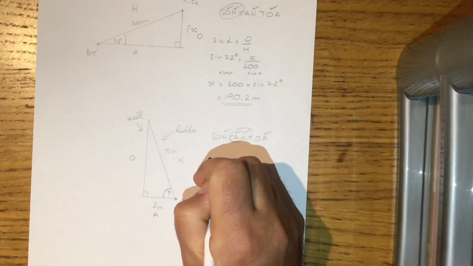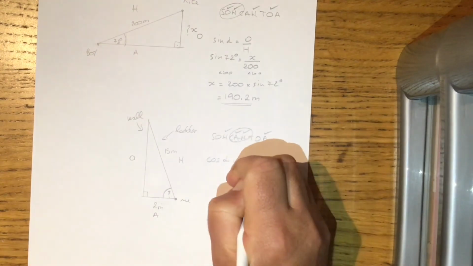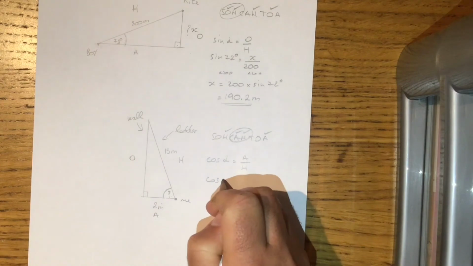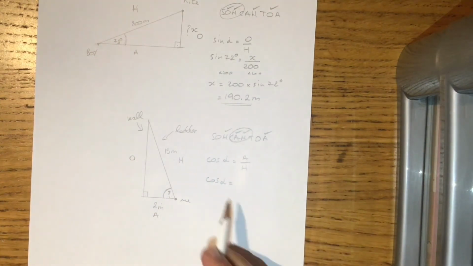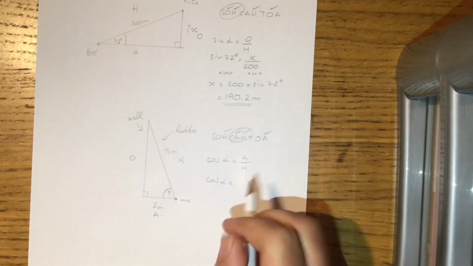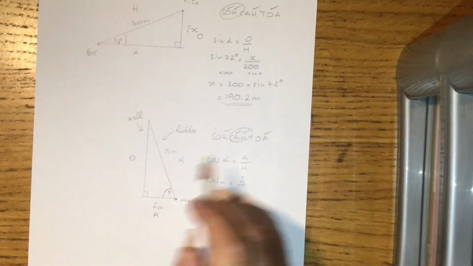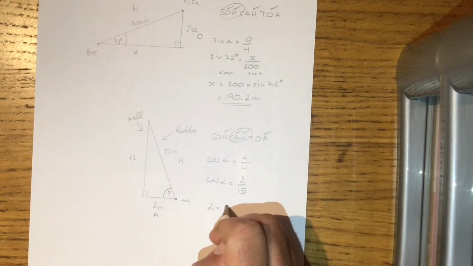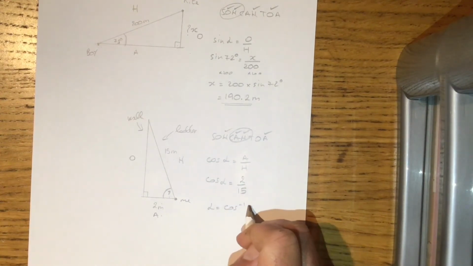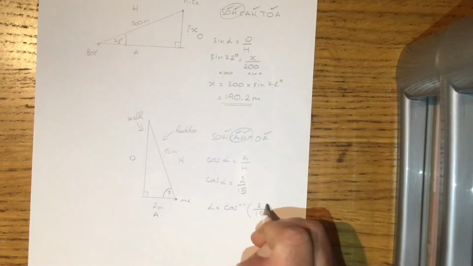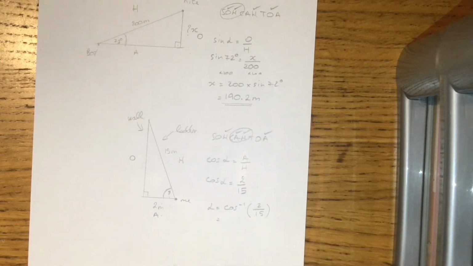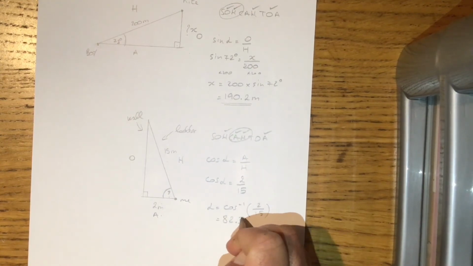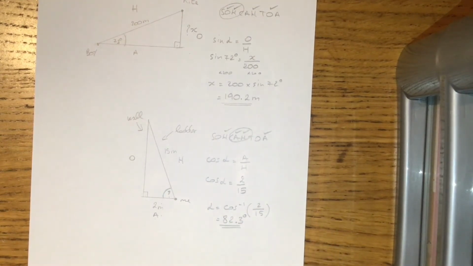C stands for cos of the angle is A over H. So cos of the angle, which I don't know, is equal to A over H. In order to get the angle, I need to get the inverse cos of 2 over 15. Put that in a calculator and we get 82.3 degrees, rounded to 1 decimal place.